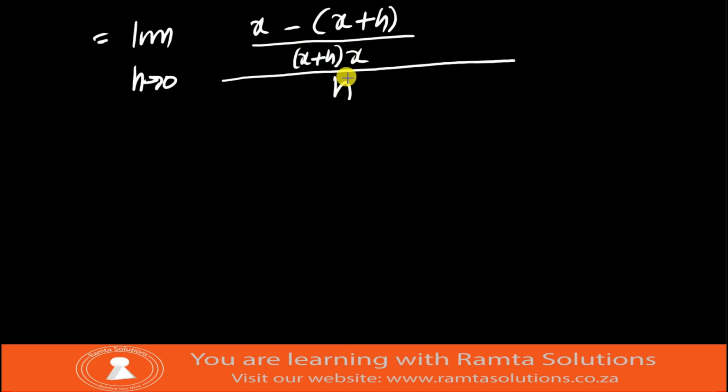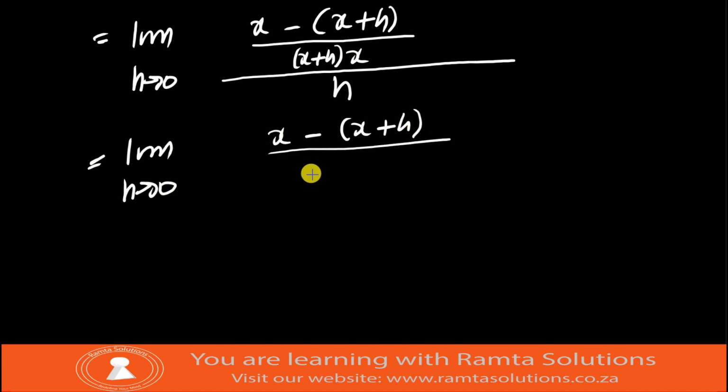Okay? If you like, you can say basically this is x minus x plus h all over x plus h times x times h. You can say it like this if you like.